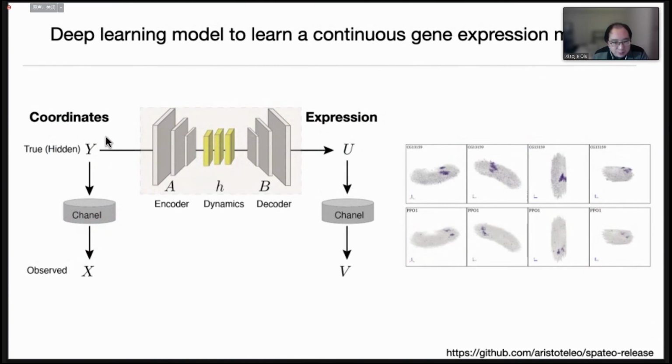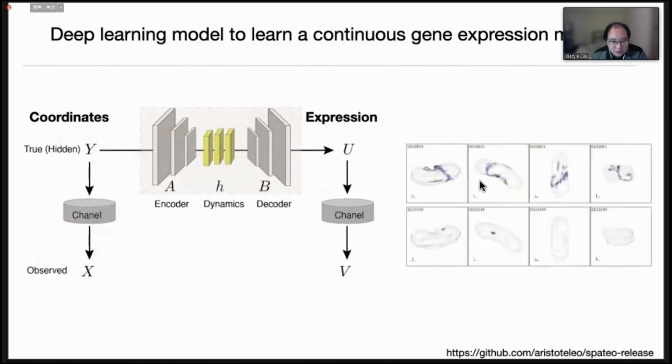For example, here the deep learning takes the spatial coordinates to output the gene expression at any point in these 3D models. As an example, you can see here the gene expression in space, and with a deep learning approach we are able to learn the continuous gene expression on the entire 3D model.